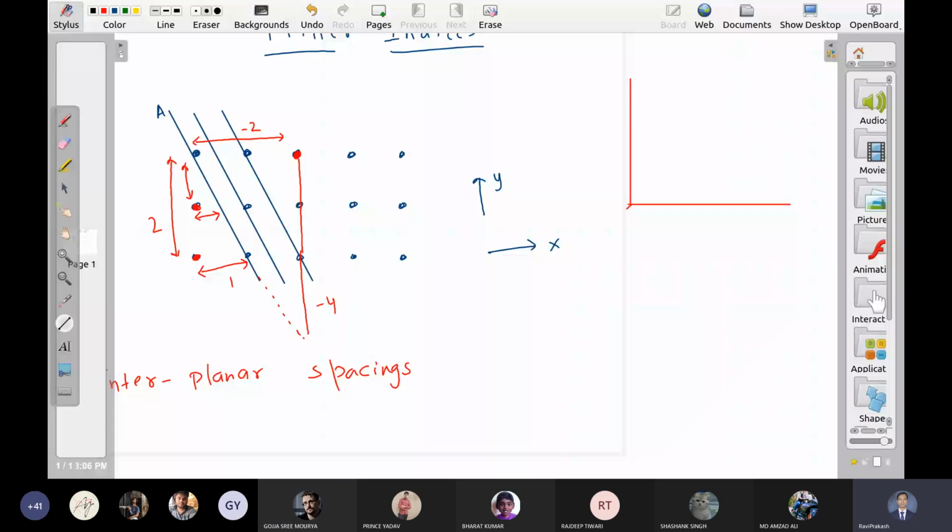So let me draw some. These are the coordinate system. These are some supporting lines.